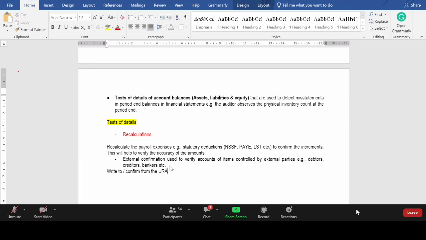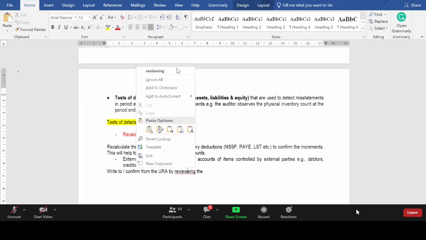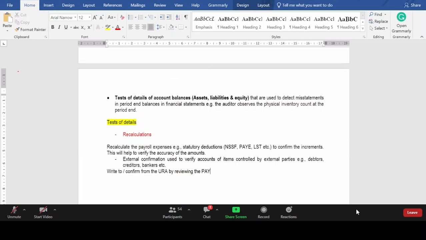From the revenue authority by reviewing the pay returns, confirm correctness of the payroll.